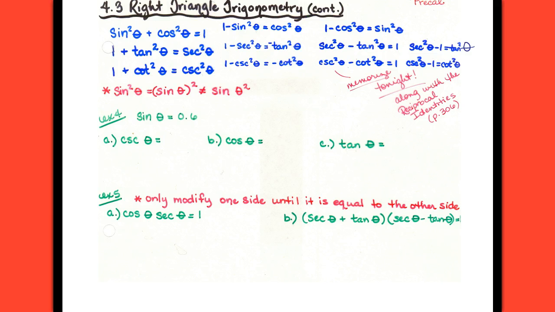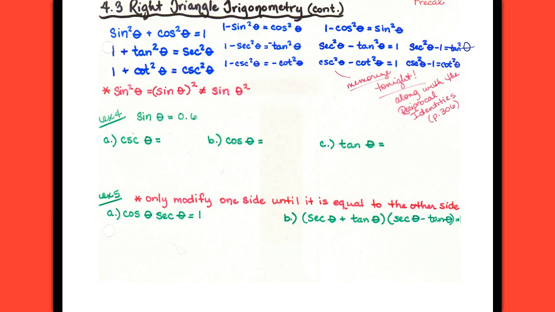So we do need to recognize them in their formal definition form as you see there on page 306, but we actually know those already. Then they give you quotient identities there on 306. We learned those on the very first day, that tangent was sine over cosine and cotangent was cosine over sine. So we know those already.